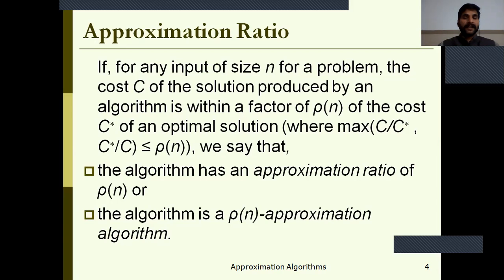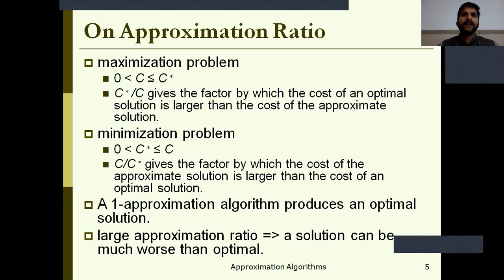So we can write C upon C star, C star upon C, less than or equal to rho n, and the algorithm has approximation ratio rho n. For a maximization problem, 0 is less than C and C is less than or equal to C star. The optimal cost is greater than or equal to the approximation cost, but both are greater than 0.